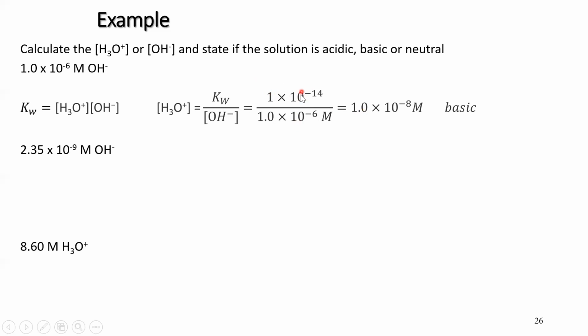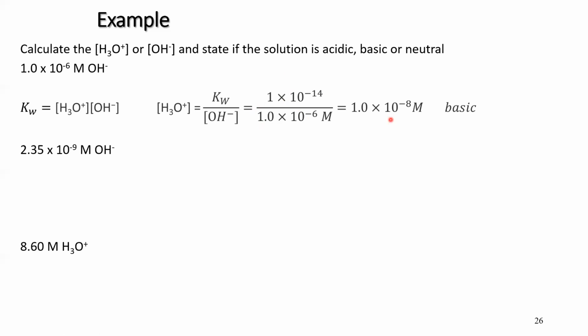And if we divide with exponents, we're subtracting. So negative 14 minus negative 6 gives us that negative 8. You're always going to have a calculator, so you don't necessarily have to do it in your head. But if the number is 1.0, you could actually figure out the concentration without a calculator.